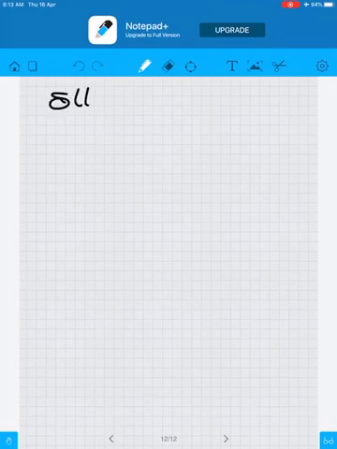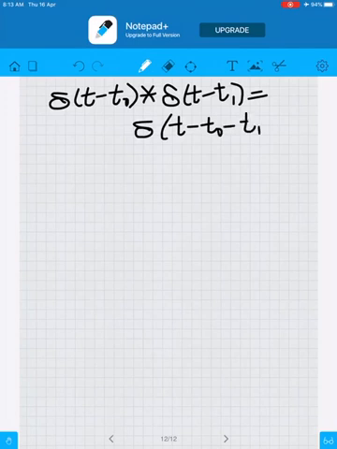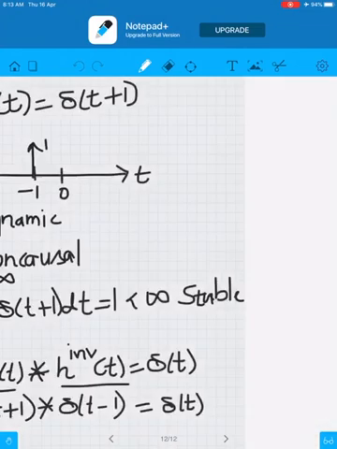That is, delta of t minus t naught convolved with delta of t minus t1 is equal to delta of t minus t naught minus t1. Using this, here we have plus 1, here I have used minus 1, and if I substitute this I get delta of t.